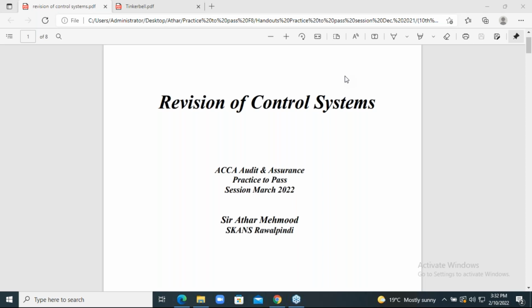So today our topic of discussion is the control systems. Normally the examiner asks about control systems in the second question in a series of long questions.